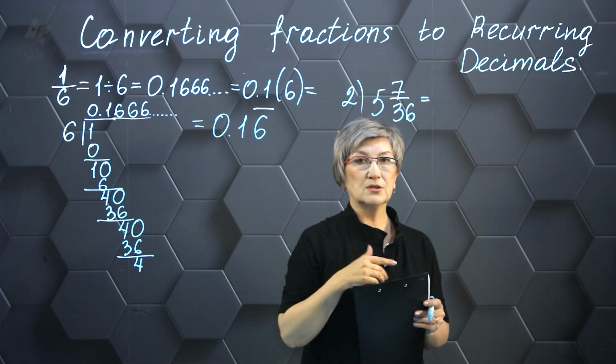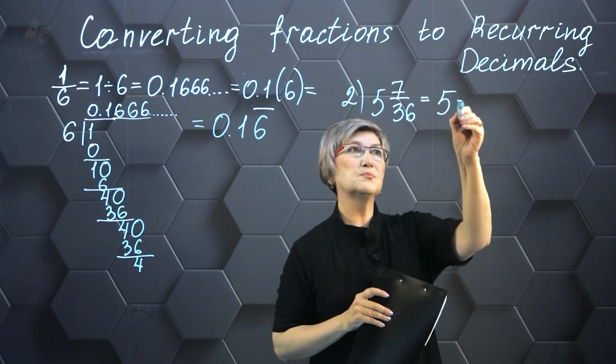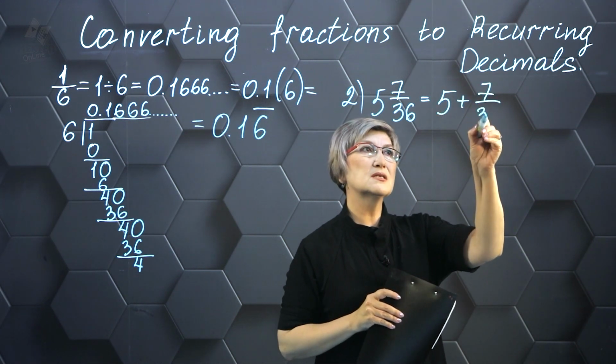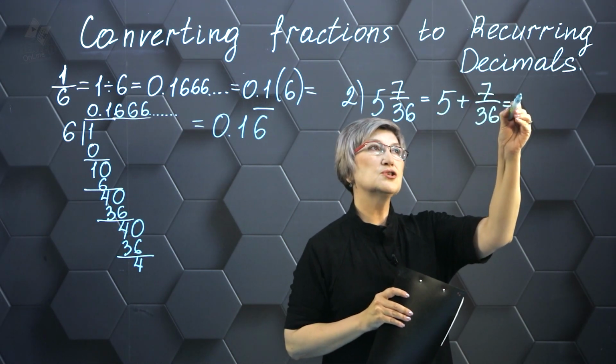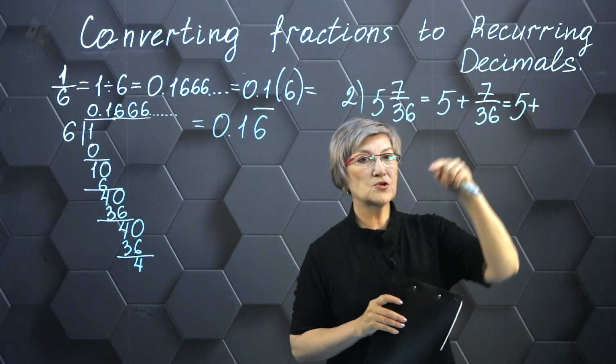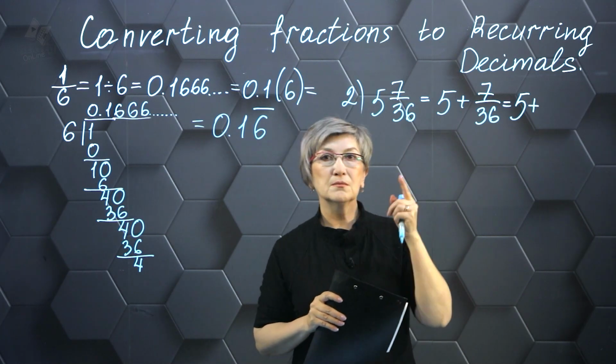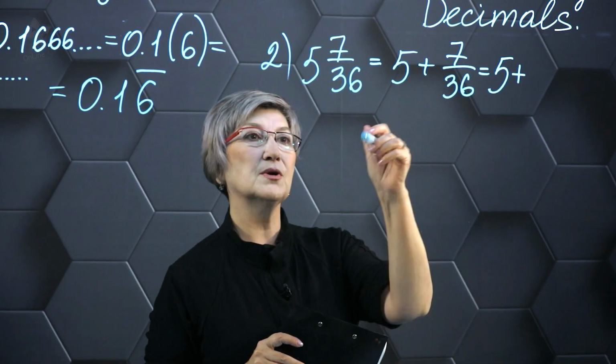What should we do in this case? We can write this number as 5 plus 7/36. The number 5, I'll leave it. But the fractional number 7/36, I'm going to write down as an infinite fraction.